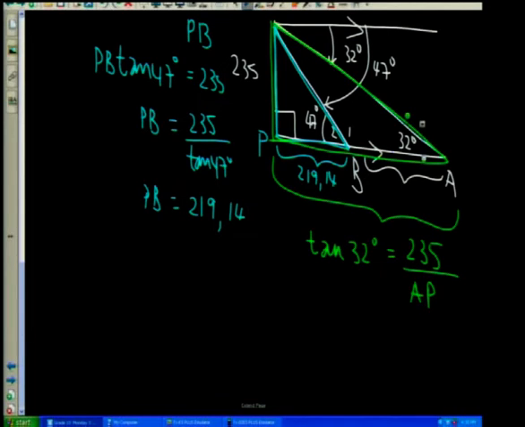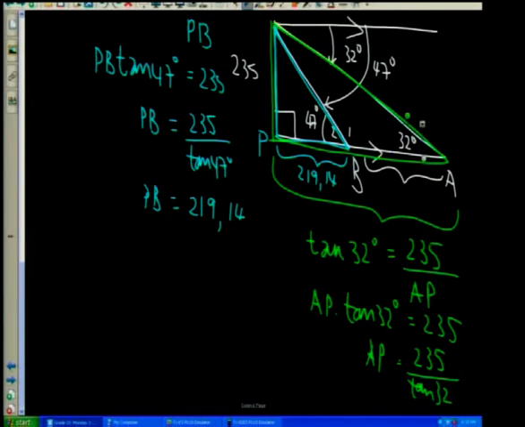Again, can you see the same scenario? We have a denominator AP, so we take AP to the other side, multiply by tan 32, and then isolate AP, which is 235 divided by tan 32.